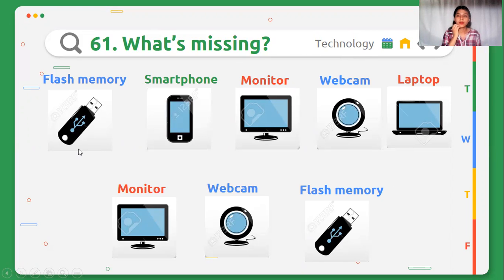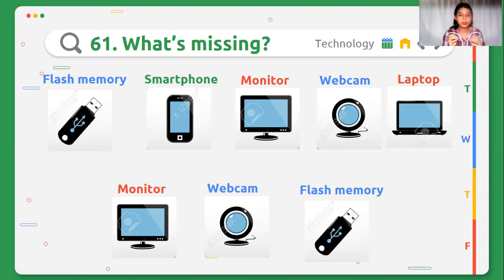And I have here a picture that the teacher has to give to the student, with a flash memory, smartphone, monitor, webcam, and laptop.